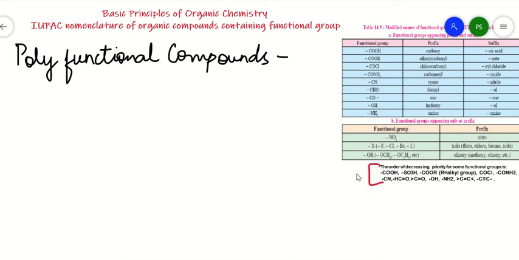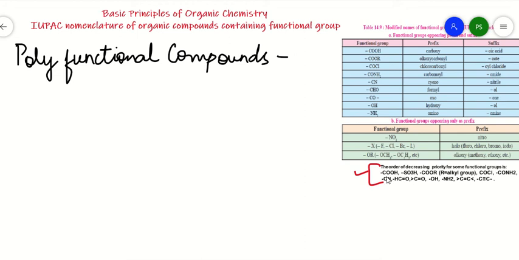Here you are seeing the priority series through which we can see in what manner we will select the principal functional group and the substituent. This is the series where the functional groups are arranged in decreasing order of their priority.